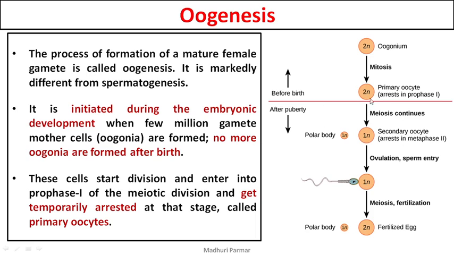So this primary oocyte is arrested in prophase 1. This is also important to remember. So this is before birth. Once primary oocytes are formed from oogonia, they are stuck here forever. Only after puberty will some of them develop. So these are temporarily arrested at this stage, and these are known as primary oocytes. They are still diploid. Keep in mind, they are still diploid.